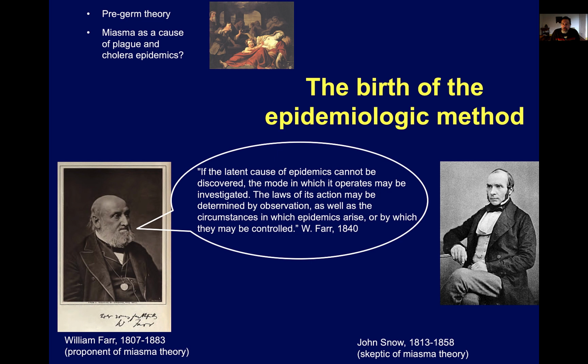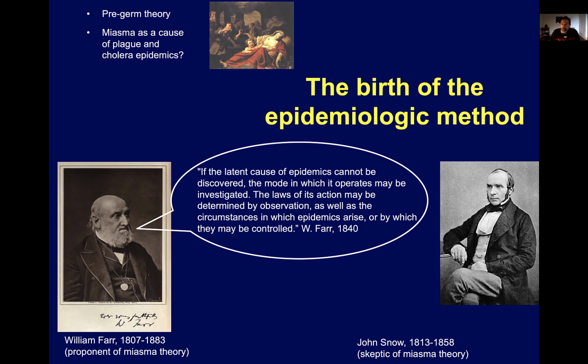Cholera was a major cause of death in England in the 1800s, and Farr and Snow were contemporaries and did much of their work prior to the advent of germ theory. The germ theory being the theory that microorganisms too small to see with the human eye were the cause of infectious diseases.